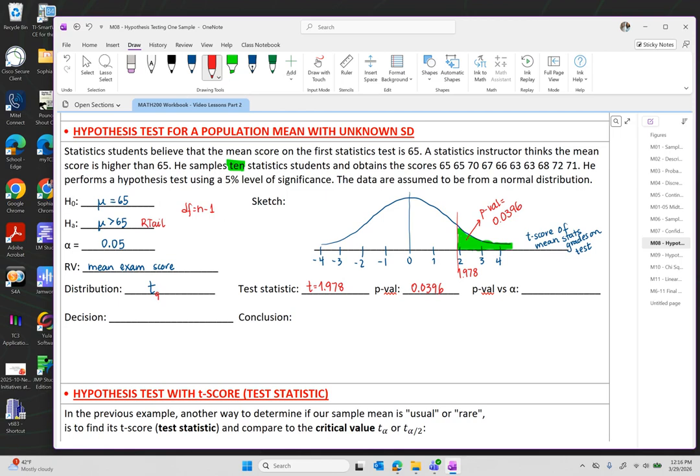We have a significance level of 5%. So 5% to the right in the right tail would be considered unlikely or unusual. We do have a 3% or almost 4%. So 0.0396 is an unlikely event from this theoretical distribution of a mean of 65 for a sample size of 10 statistics students, and therefore I have enough evidence to reject the null hypothesis.